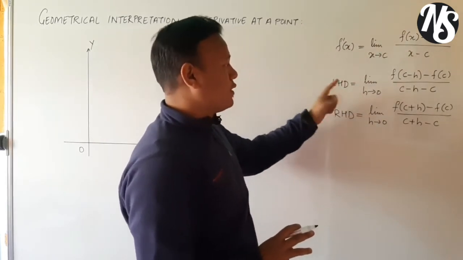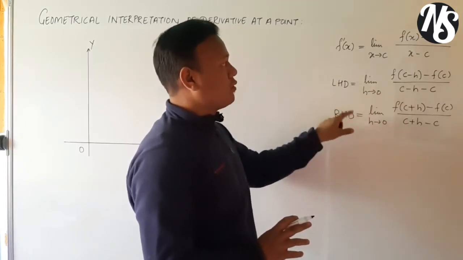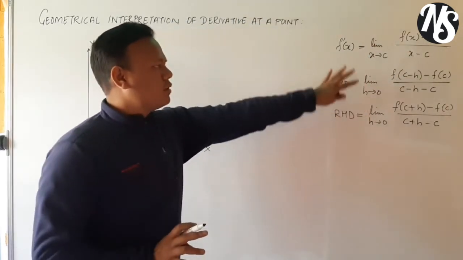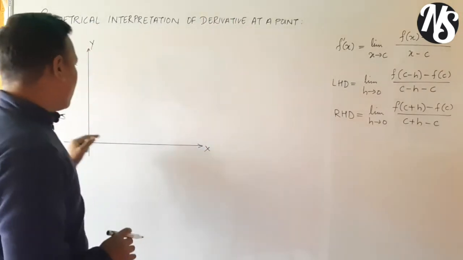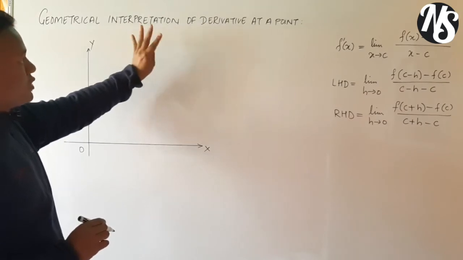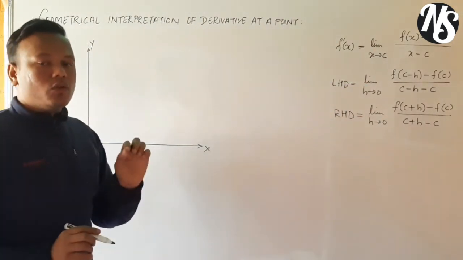And there's one more definition, that is left hand derivative and right hand derivative. In fact, if these two are equal, then only we say that this limit exists. This was the thing that we learned in the earlier class. In today's class, to understand the geometrical interpretation of derivative at a point, all these three things should be known to us.